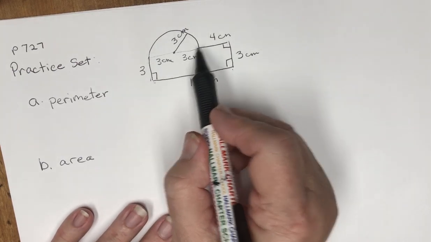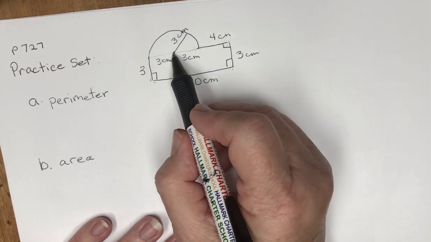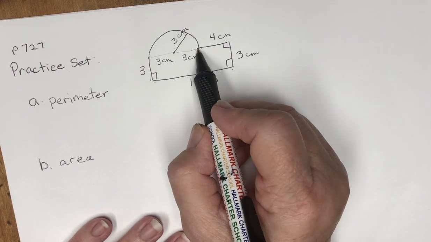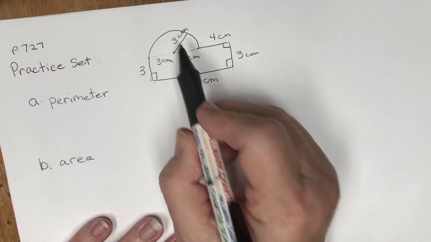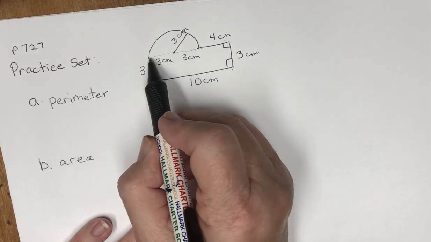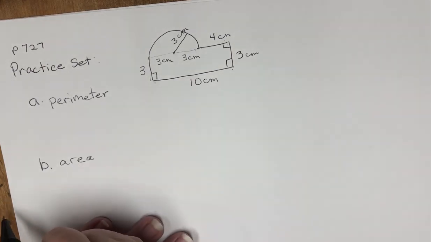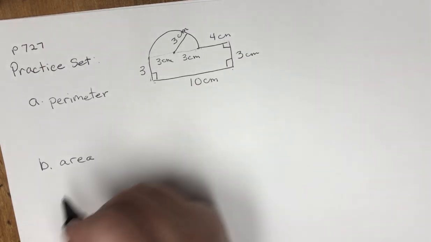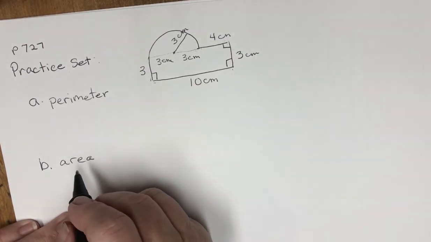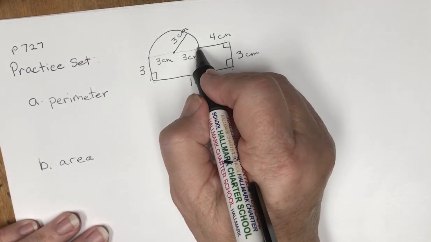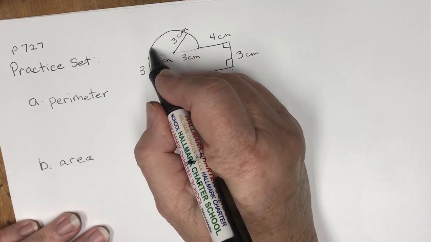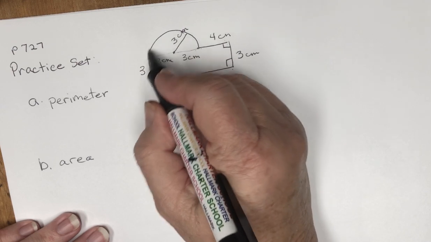3 plus 3 plus the 4. Because from the center point to the outside edge is a radius, which is 3. And from the center point to the other outside edge is also a radius, which is 3. So 3 plus 3 plus 4. All right, so if I'm going to figure out my perimeter, I still need to figure out the circumference of the circle. This is a semicircle.